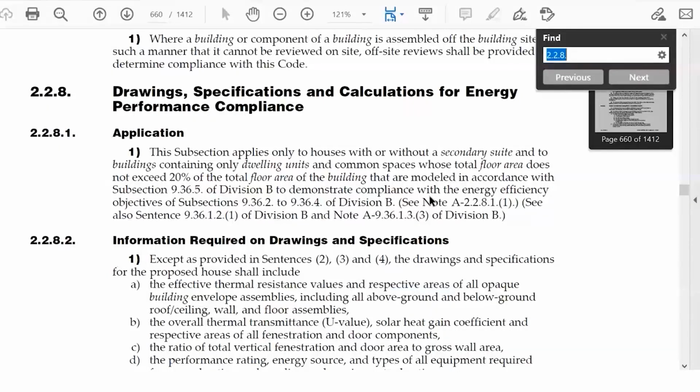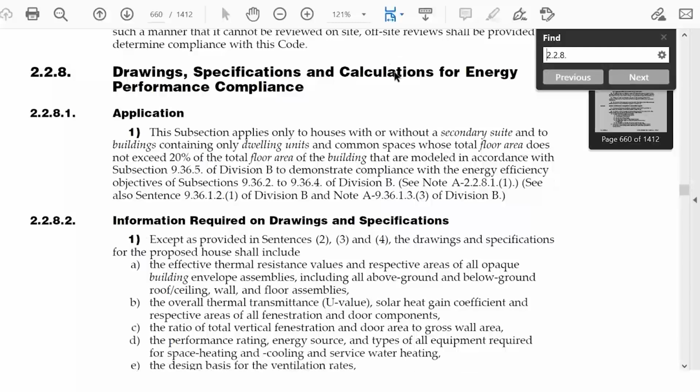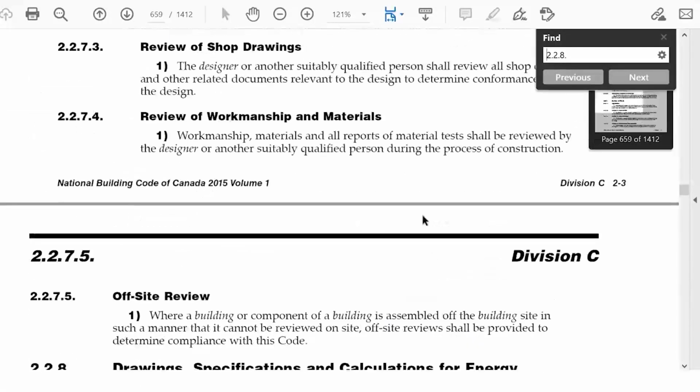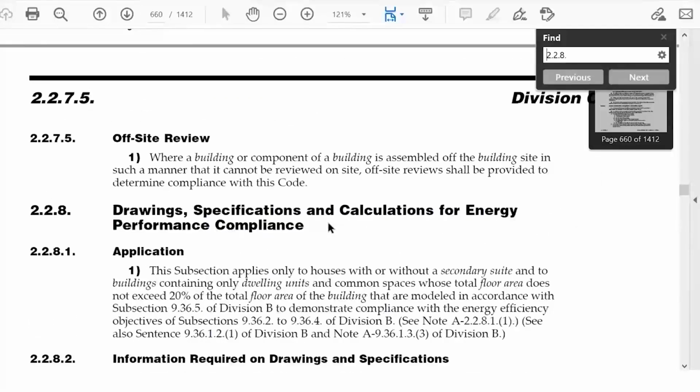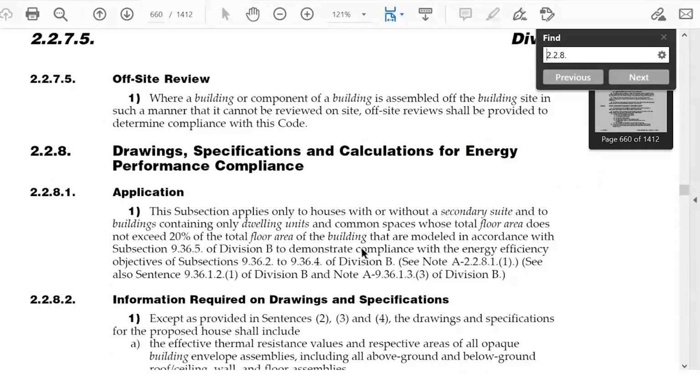And because we're doing performance design, it applies only to houses with or without secondary suites and to buildings containing only dwelling units in which the common spaces' total floor area does not exceed 20% of the total floor area. Now, this is for the energy performance compliance, right? These are modeled in accordance with 9.36.5 to demonstrate compliance.